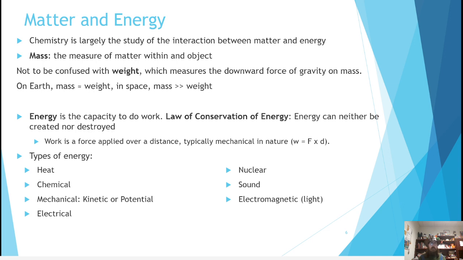We will often use them interchangeably, but mass is intrinsic of an object. Weight is the measurement of gravity pulling down on a given mass. And so that means that mass is always constant no matter where and when it's measured.